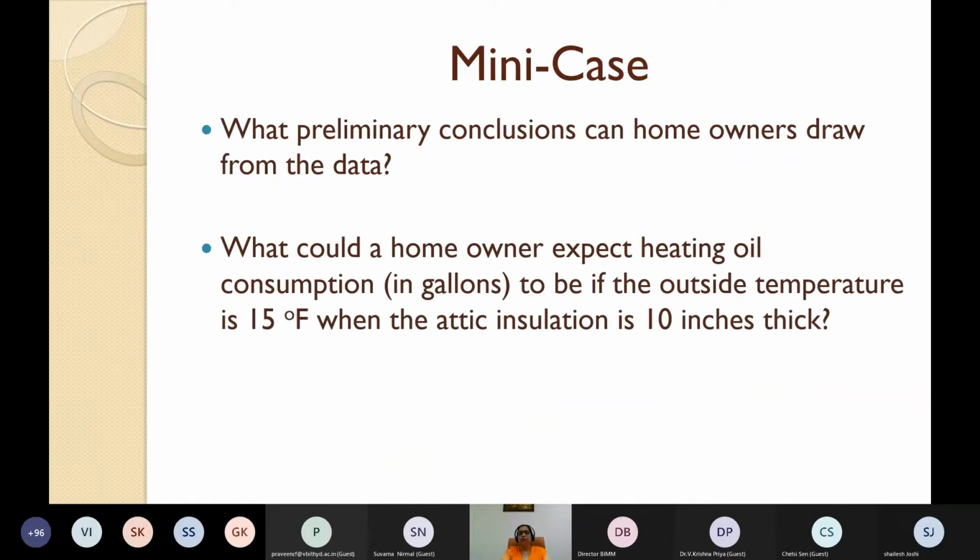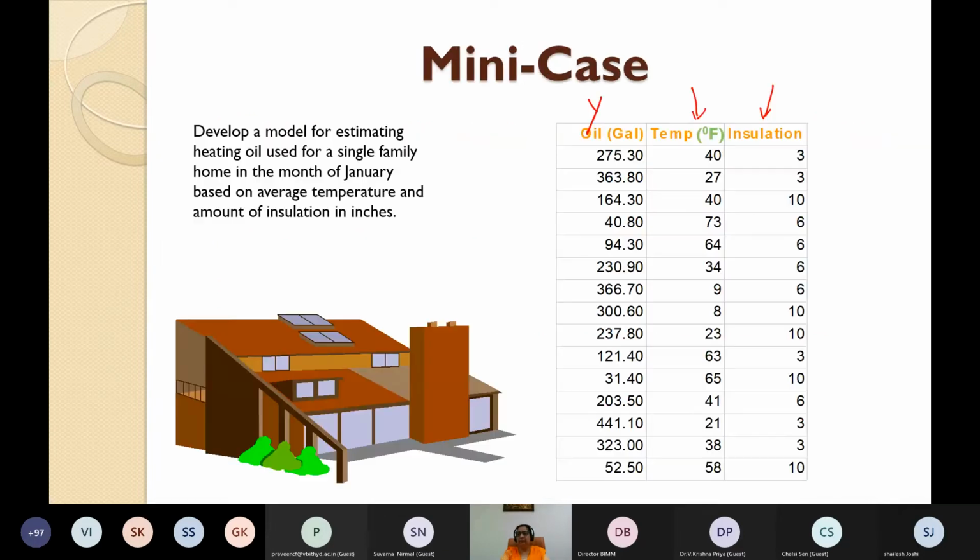When we prepare the solution, what primary conclusions can be drawn by the homeowner from the data that has been collected? As you can see, when the temperature is high, the consumption is low, so that has a negative relationship. When the insulation is thicker, again the consumption of oil is lesser, so again this has a negative relation, as you can see from the different values.